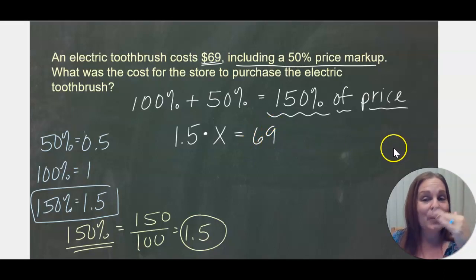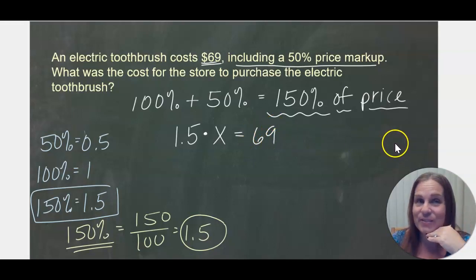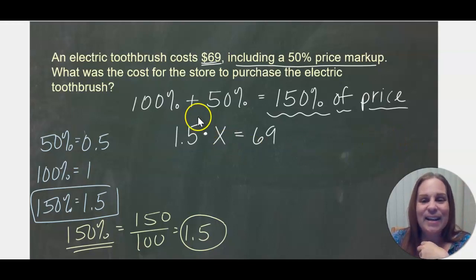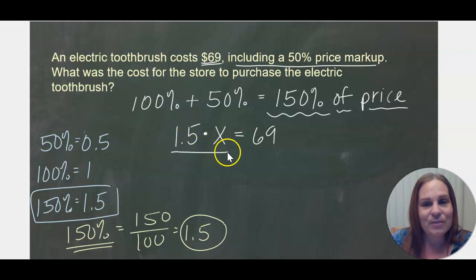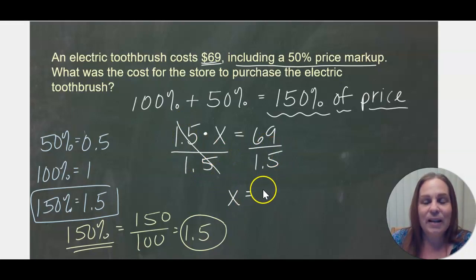So we've got a one-step equation to solve. Yay! The x is being multiplied by 1.5, so to undo that, we divide. So x equals, I'm going to use my calculator, 69 divided by 1.5 is 46.